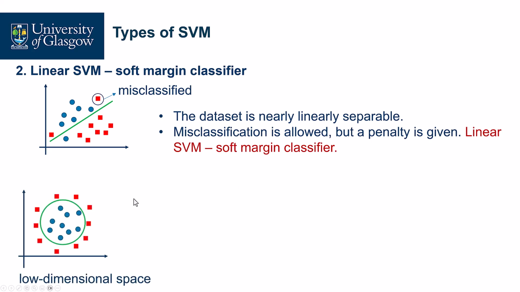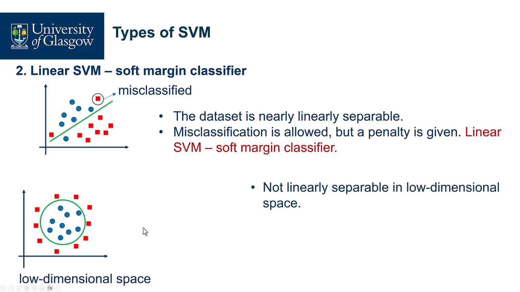For other data characteristics, for example this one, this is not even nearly linearly separable. The characteristic is nonlinear. We can see this is not linearly separable in the two-dimensional space. However, we can do a mapping.